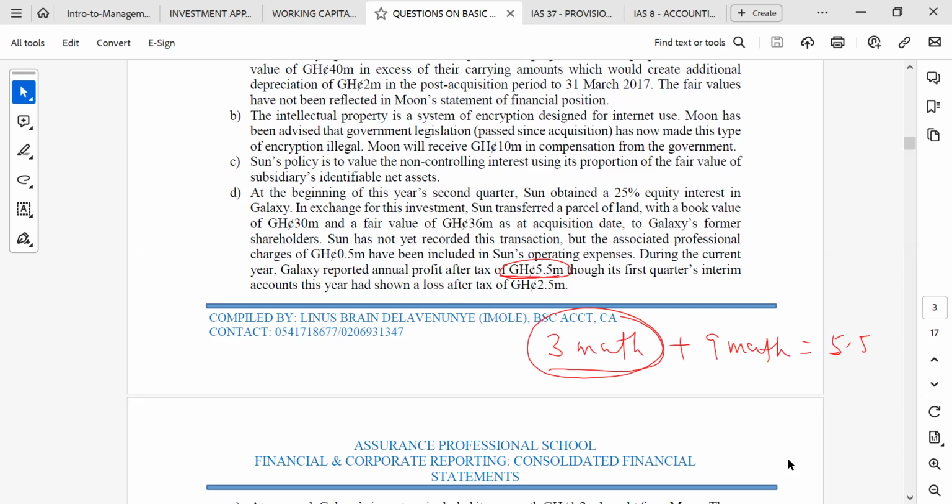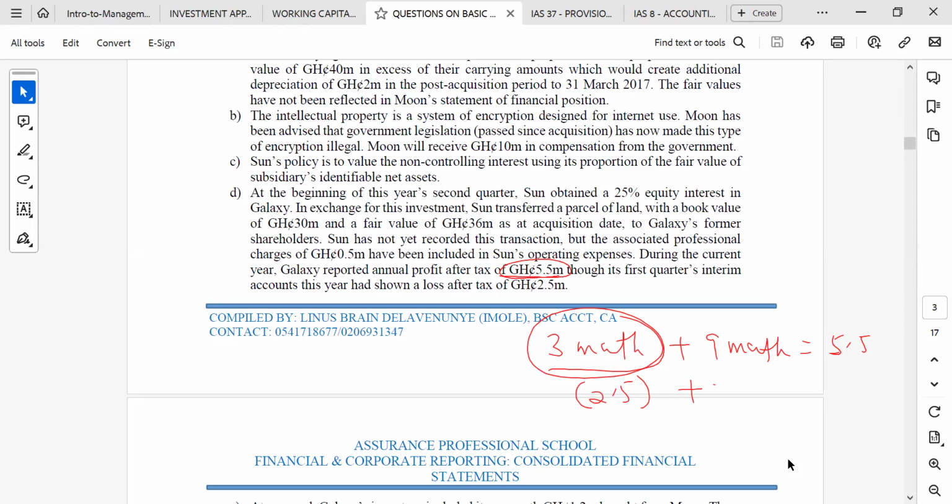They made a loss of 2.5. So it means that during the 9 months, what was the total profit made? No, please. That would be 5.5 plus 2.5. Yes, 8 million. You have a loss of 2.5 first, and now it is 5.5, so it means that during the 9 months you have made a profit of 8 million, and that has reduced your loss to 5.5 as a profit.